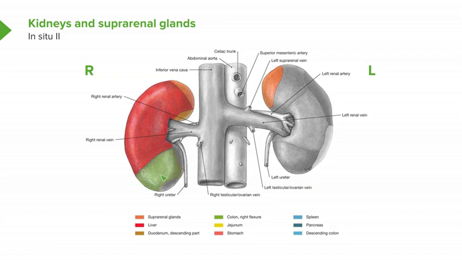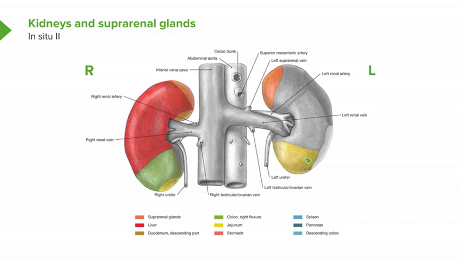And we can see it has relations with the jejunum that are sitting alongside this more inferior pole of the kidney. We can see that towards this hilum, we have the duodenum sitting against the kidney in this aspect near the renal hilum.